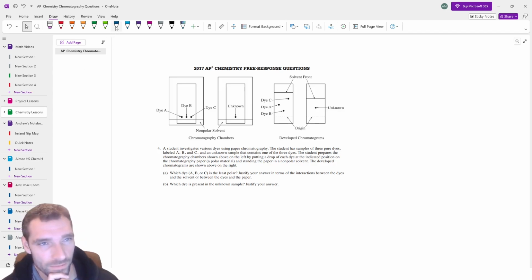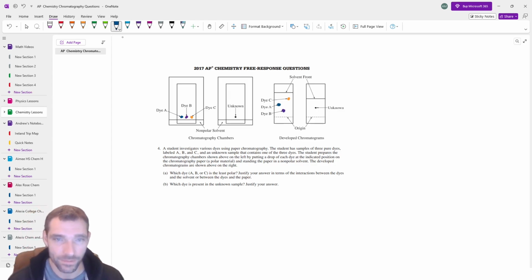So we've got three different dyes. We've got A, B, and C, all getting carried up. And yes, I'm trying to use colors that are accessible for students who maybe have color blindness. So we've got these three dyes that have been carried up as this paper has gone.